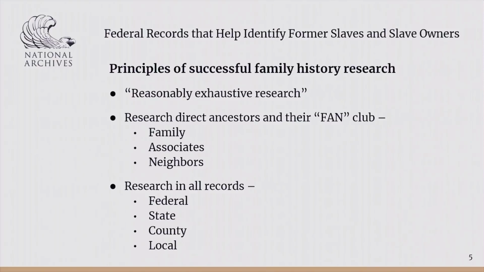The direct ancestor has siblings, uncles, aunts, nieces, nephews, other people in the family that may have created records that provide information about the direct ancestor. They have neighbors, too, that may very well be related, but it may also provide information about the direct ancestor.